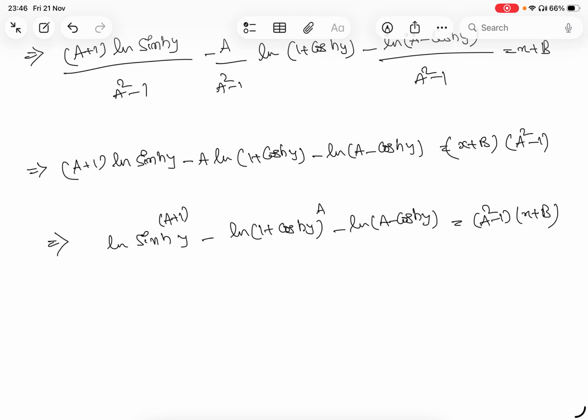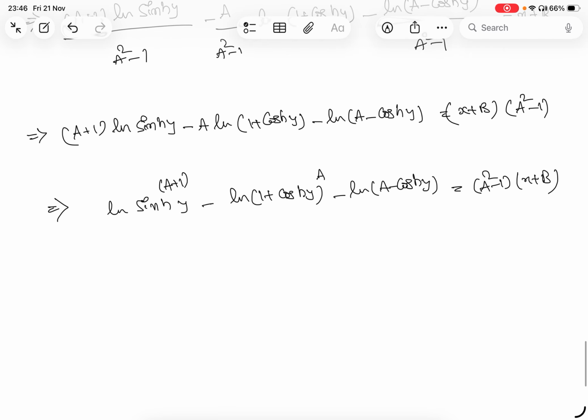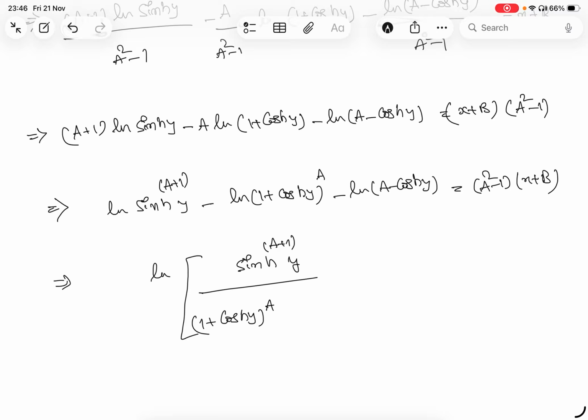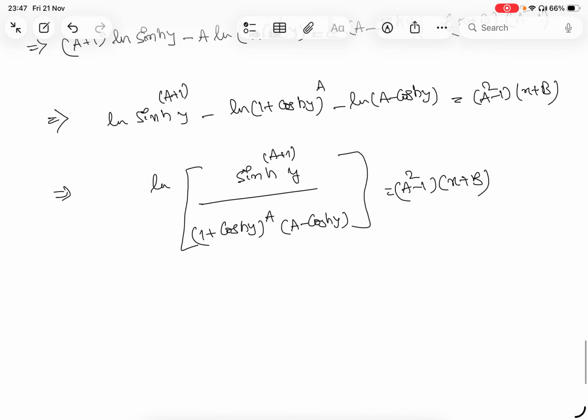Now ln a minus ln b can be written as ln of a by b. So this becomes ln of (sin hy) whole power (a plus 1) by (1 plus cos hy) whole power a into (a minus cos hy), which is equal to (a square minus 1) into x plus b. Fine.